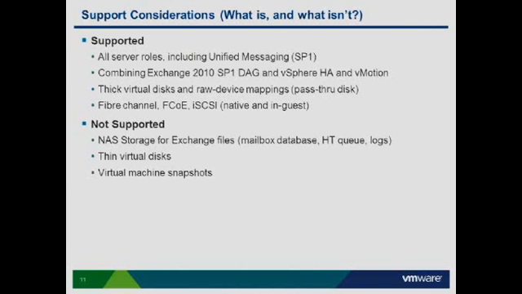So combining Exchange 2010 DAGs with HA and vMotion, which means you can now use DRS as well. Thick virtual disks, so fully provisioned VMDKs, or raw device maps, whichever you choose, typically depending on your technical requirements, and we'll get to that a little bit later. And then whatever protocol you want to use to get to the disk.